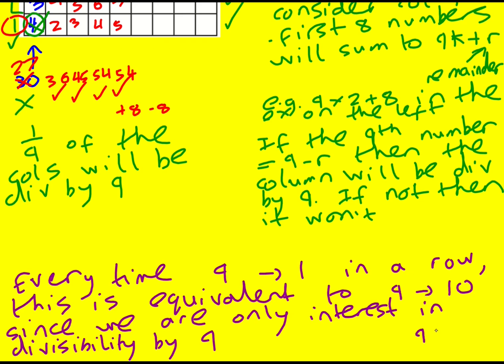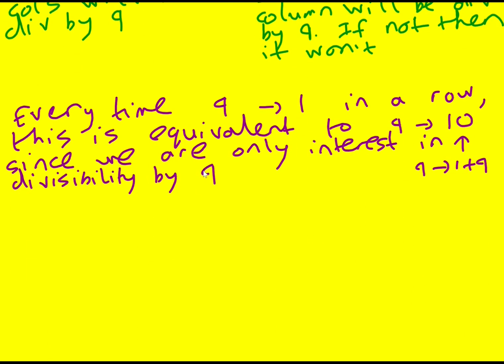What I'm doing here is 9 is going to 1, but then I'm adding 9. That's actually what's happening. So essentially, we can just consider the grid as consecutive numbers from the start.